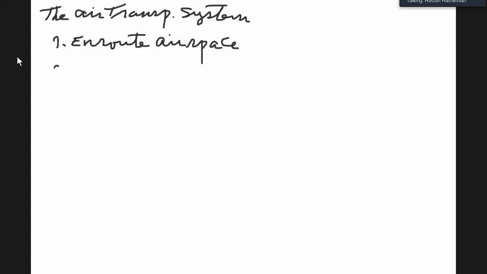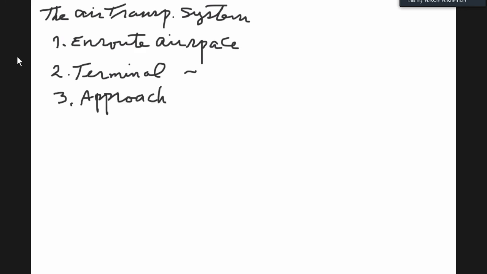The second one is the terminal airspace. The third, we call approach and departure path. And then we get to the airport.